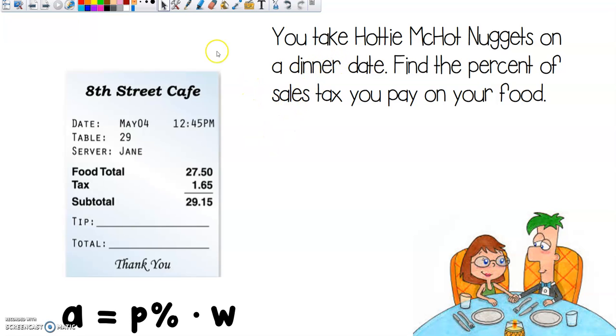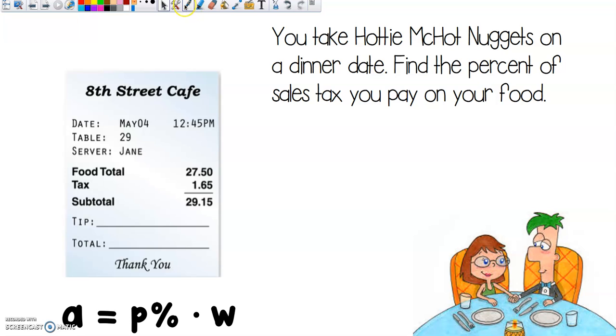Okay, so let's try with a story problem here. You take Hottie McHotnuggets on a dinner date. Find the percent of sales tax that you pay on your food. So I have the cost of the food. This is how much I paid. Here's my total. So I'm looking for the percent. That's the one thing I don't know.